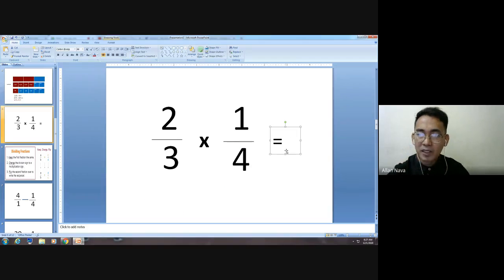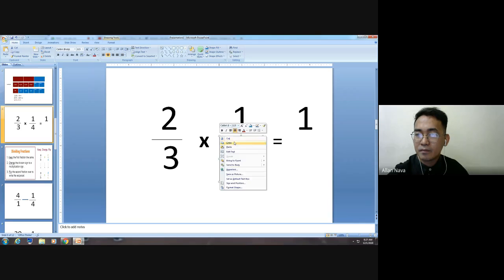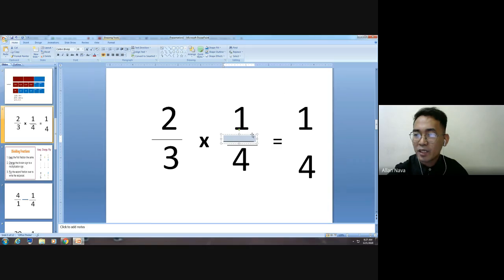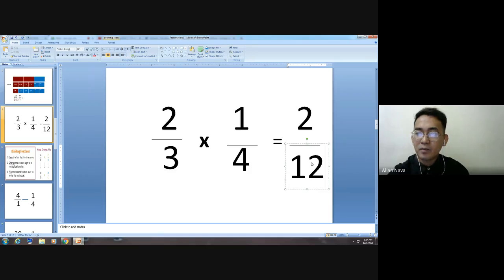Okay, ngayon, pwede mo na sagutan. Ano yung magiging sagot natin? Copy natin to. Ayan, ano magiging sagot? So, since multiplication na siya, madali na siyang masagutan. So, 2 times 1, that is 2. 3 times 4, that is 12. So, you get the lowest term. So, what is the lowest term of 2/12?